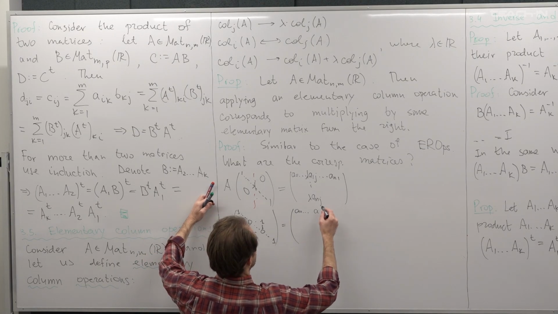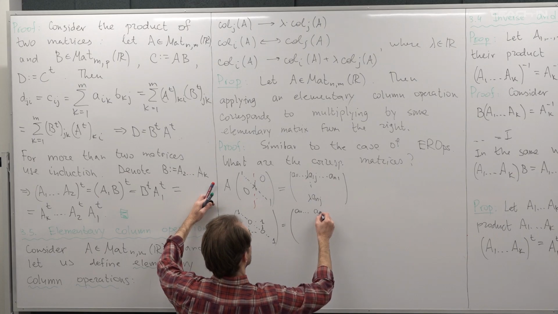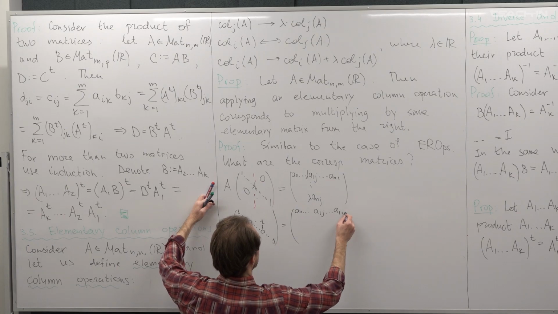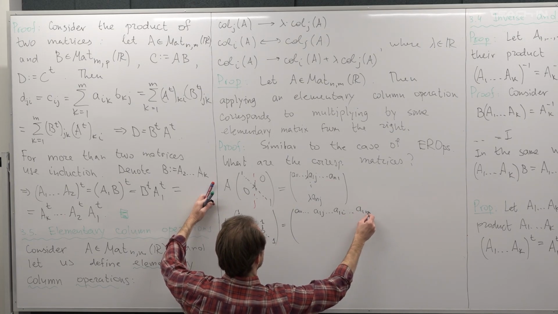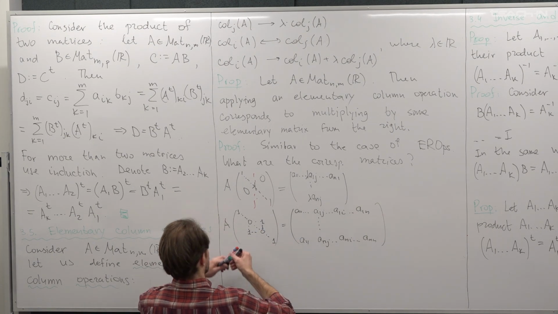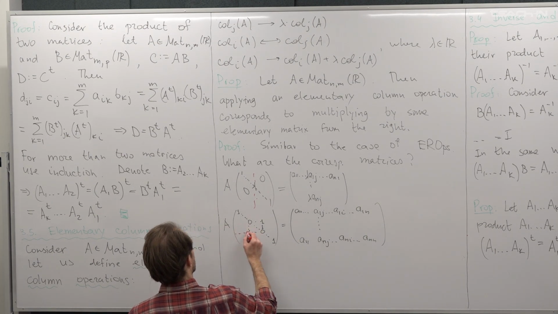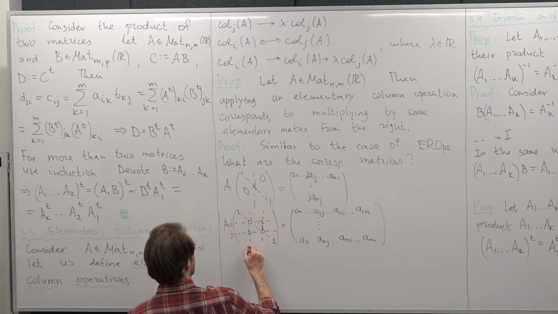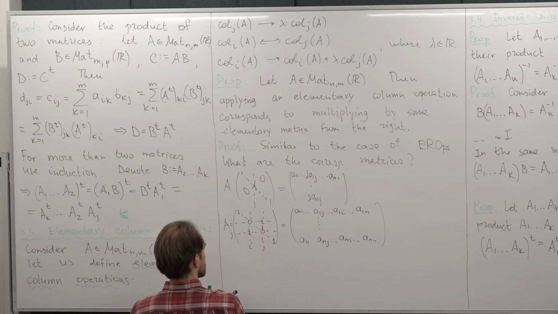So A sub 1j, etc., A sub 1i, etc., A sub 1n, A sub nj, etc., A sub ni. So here we have 1 on the jth position and 1 on the ith position.